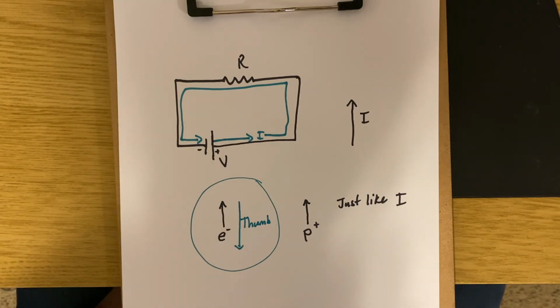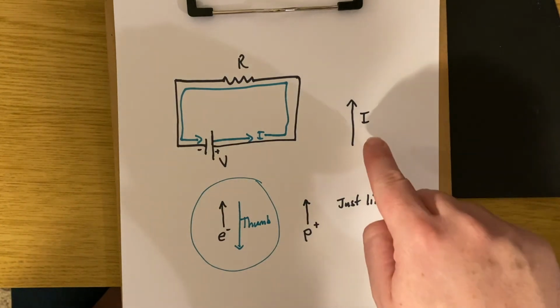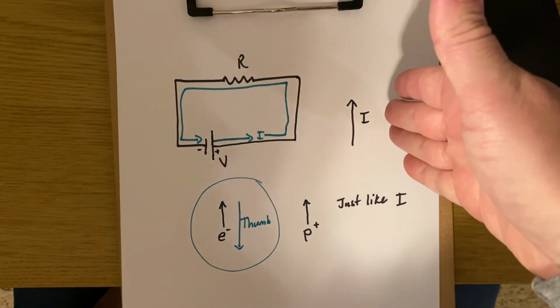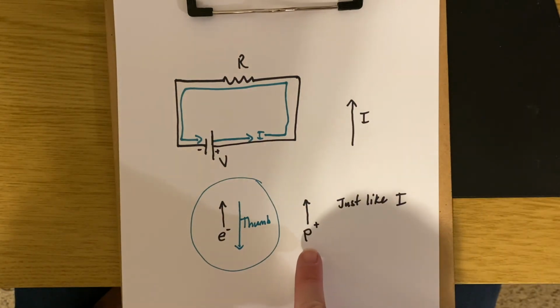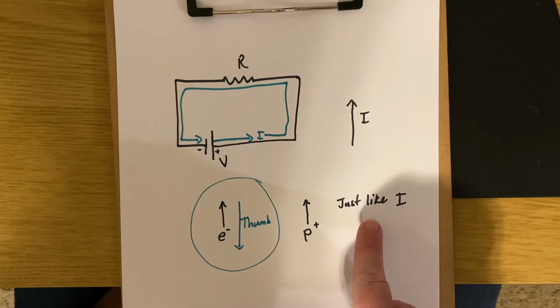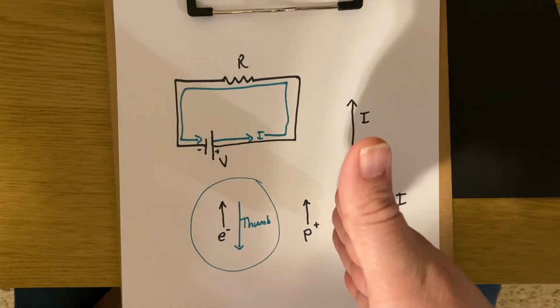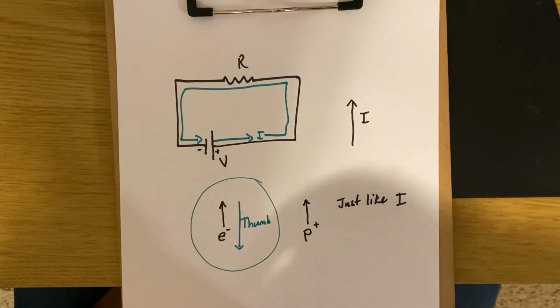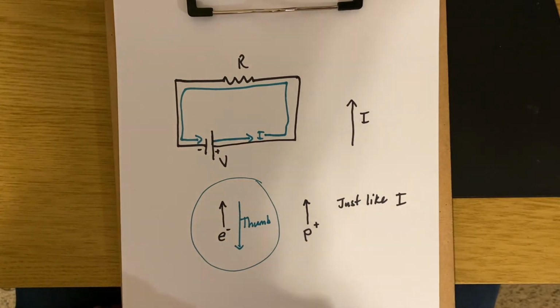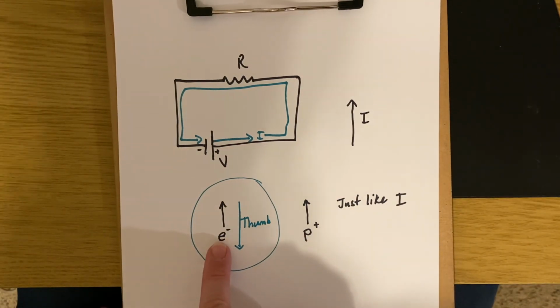So when you're using your right-hand rule and current is going up the page, your thumb would just go with the current. If you're using your right-hand rule and a proton is going up the page, that would be similar to current, and you would keep your thumb going up the page in the direction of that proton. The only time you have to do something different is if you have an electron that's traveling.